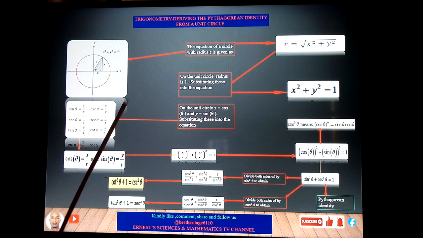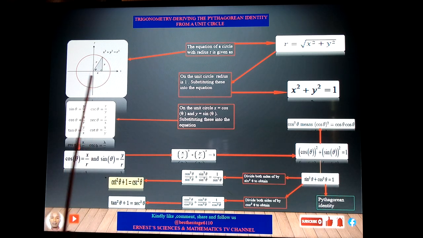Now, the other derivatives that I've mentioned for cot, sec, and cosec of theta, other variant forms, can be obtained from this particular identity.